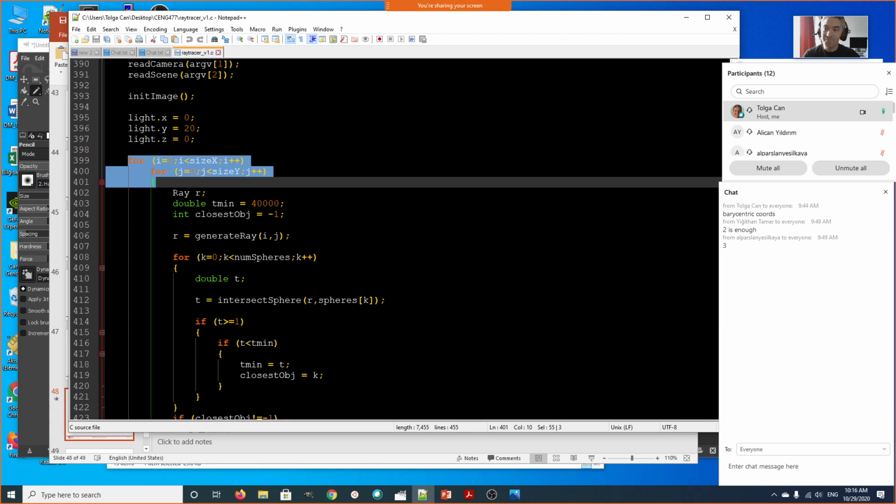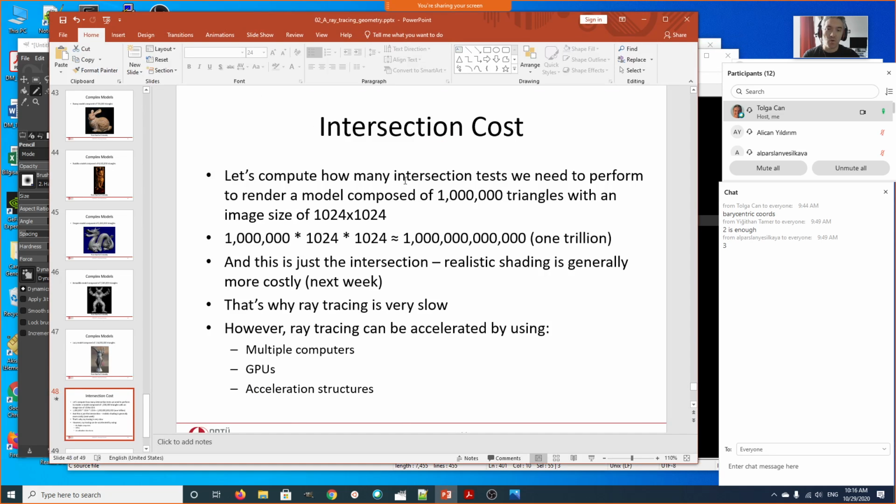So these 1 million rays are all computed independently from each other. Therefore, if you have a parallel machine with 1,000 cores, or 1 million, you can just give the ray tracing computation to each of them in parallel. They're independent from each other, so you can parallelize ray tracing easily. But one thing you need to be careful about in this parallelization is that all of these parallel workers should be able to access the whole scene.